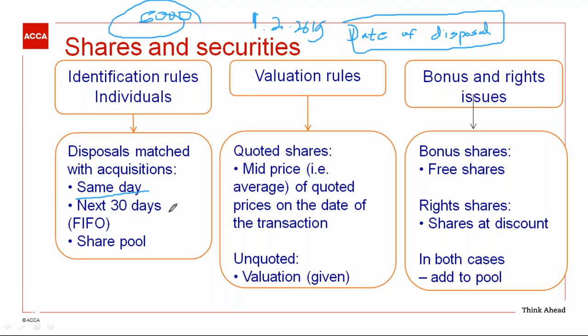How can you sell something that you don't have today? But here we have to make the assumption that we have sold shares that we intend to purchase within the next 30 days from the date of disposal. This is what we call the bed and breakfasting rule. Even though it's not practical, you have to make this assumption.